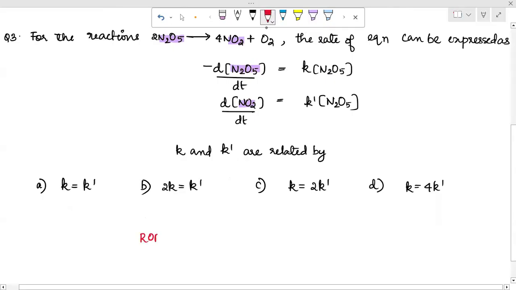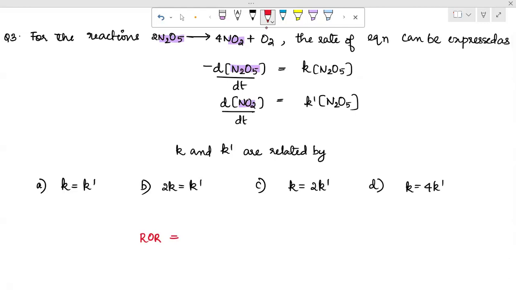Rate of the reaction is equal to, so we have only two species which are given in the question. We'll write the rate expression based on these two species. Okay, so with respect to N2O5, how will you write? The stoichiometric coefficient is 2. Rate of the reaction should consider the stoichiometric coefficient.